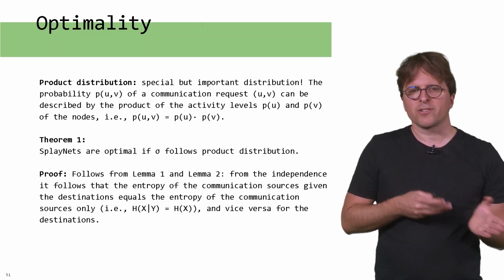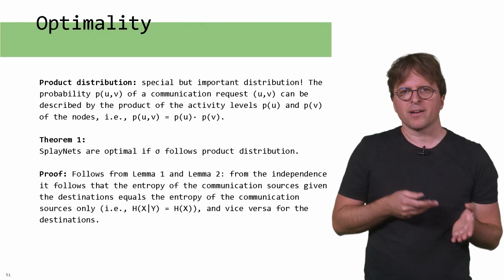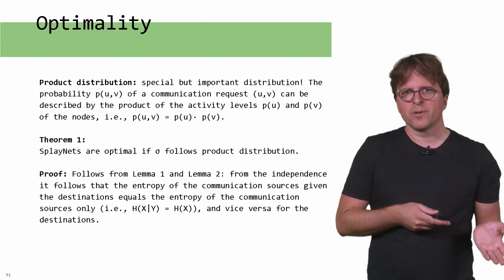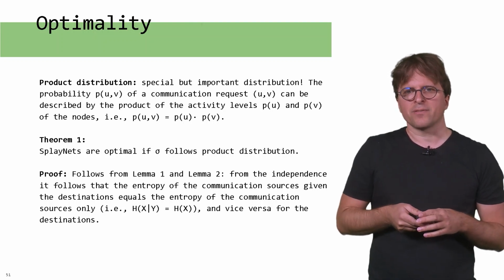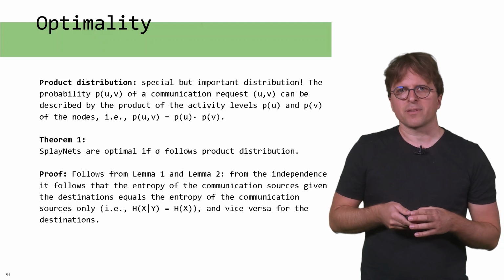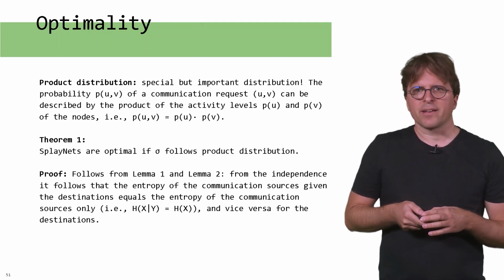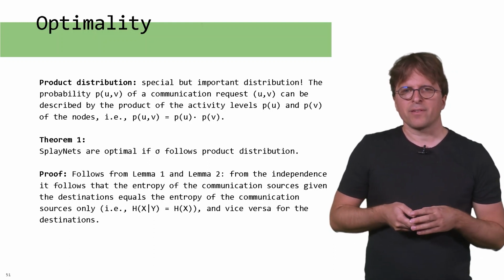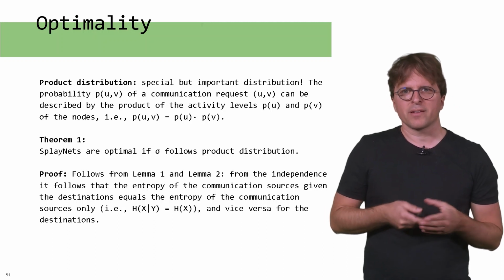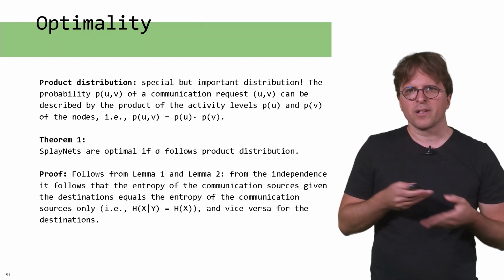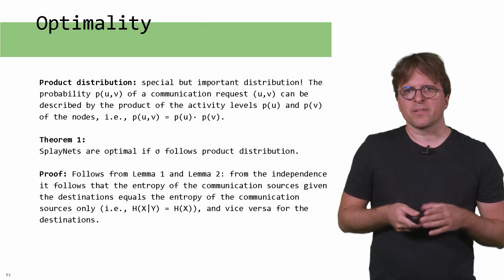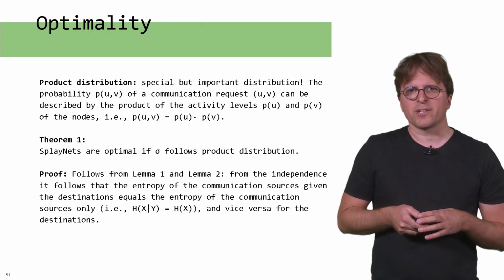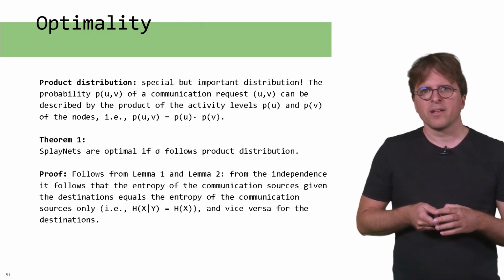So if for a joint distribution p(u,v), this is just the probability of u times the probability of v, this is called a product distribution. And in this case, if the demand is sampled accordingly, then you can show that SplayNet is actually optimal.